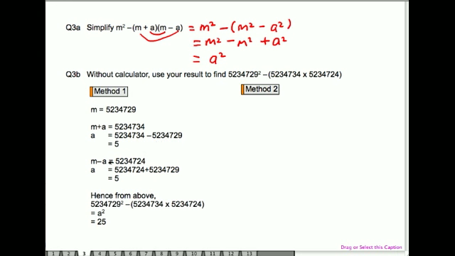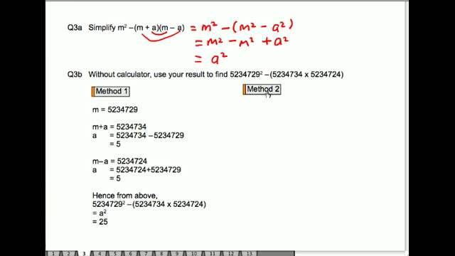Similarly, m minus a gives you the second number, and a can be found to be the same. Therefore, we can conclude that the numerical expression will give us the same result, a squared, which gives us 25.